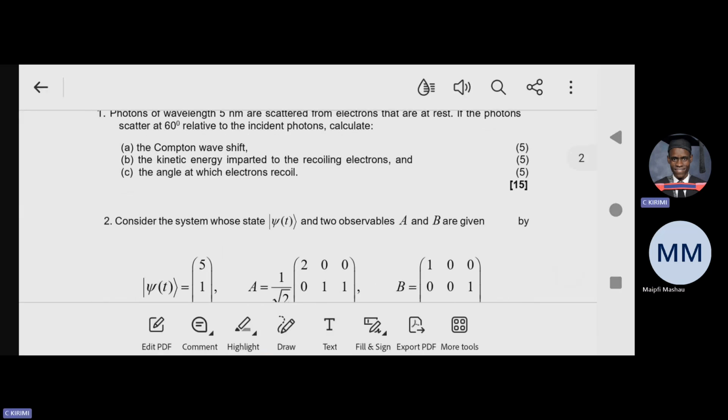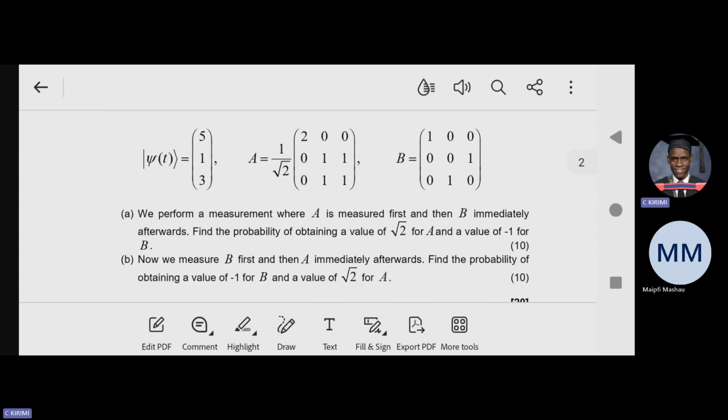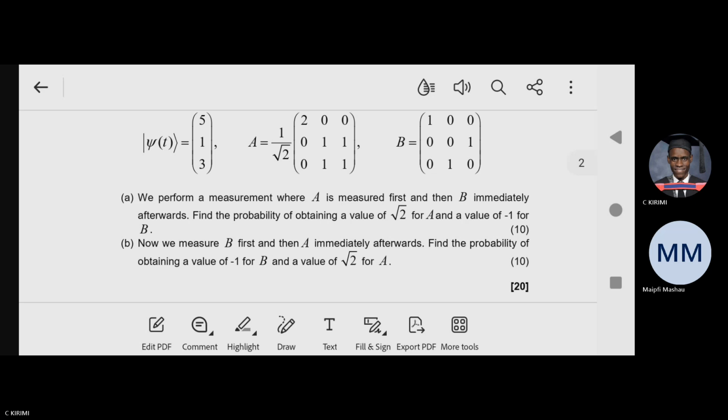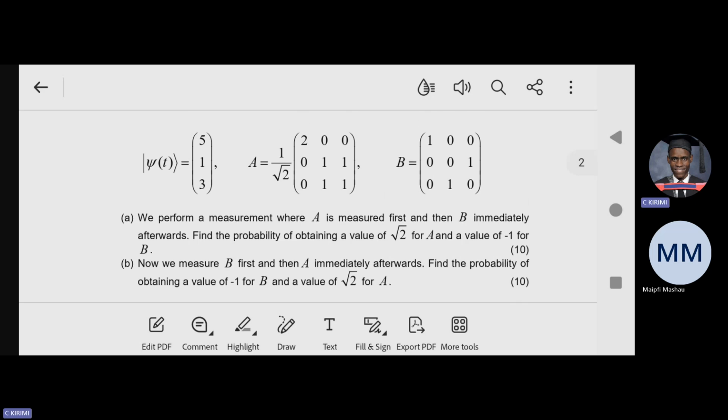So I just decided we repeat question 2 again so that we clarify those things. Remember the question here: we want to perform a measurement of A, where A is measured first and then B immediately afterwards.